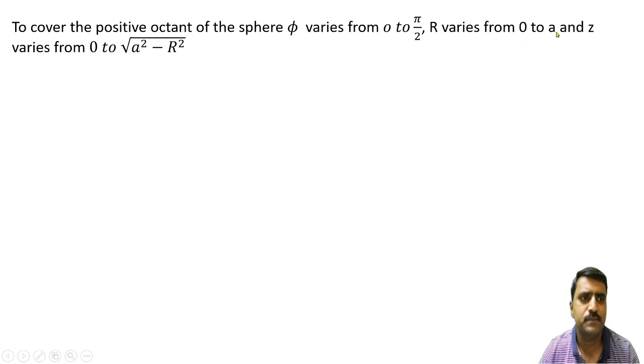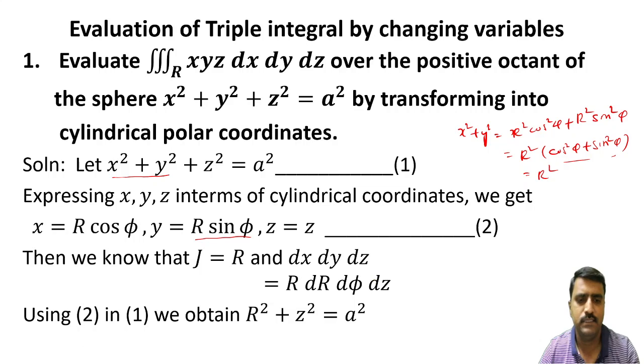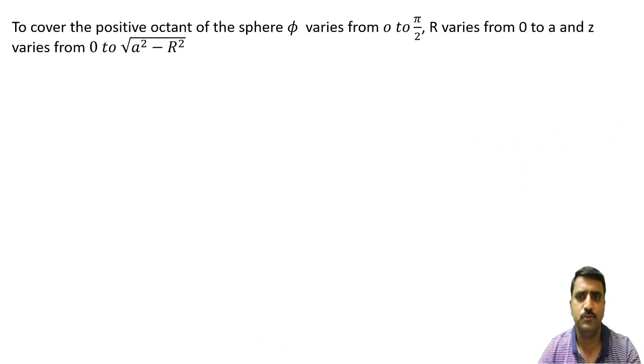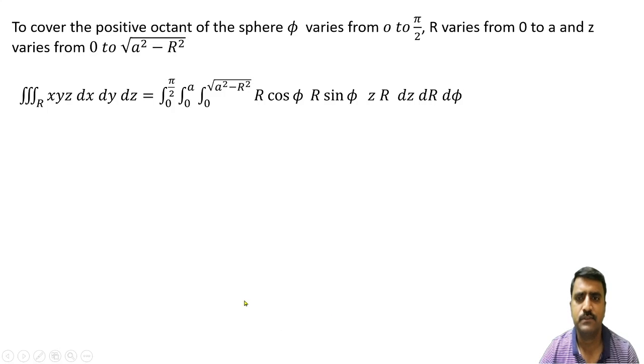And z varies from, if you write the relation for z, z square is equal to a square minus r square. So z varies from 0 to root of a square minus r square.